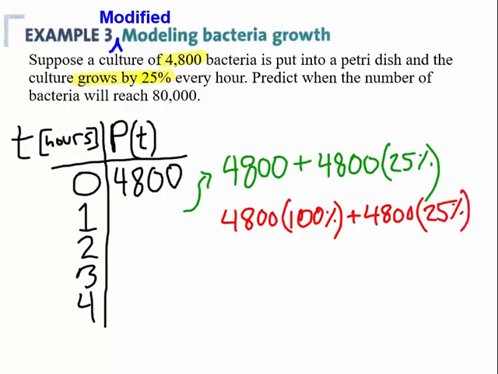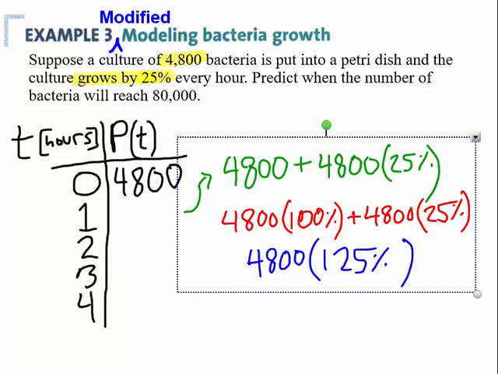So adding them together, I would think of that as 4,800. I'm going to consider that my greatest common factor and pull it outside of some parentheses. And on the inside, I have 100% plus 25%, or I can go ahead and just combine those into 125%.